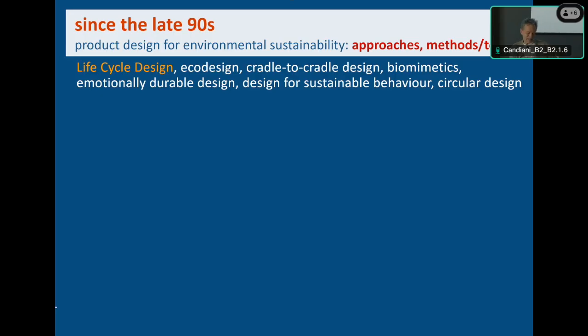Okay. So nevertheless, we started to speak about eco-design or life cycle design, and other things like biomimetics, emotionally durable design, even the aesthetic of sustainability, and even circular design.